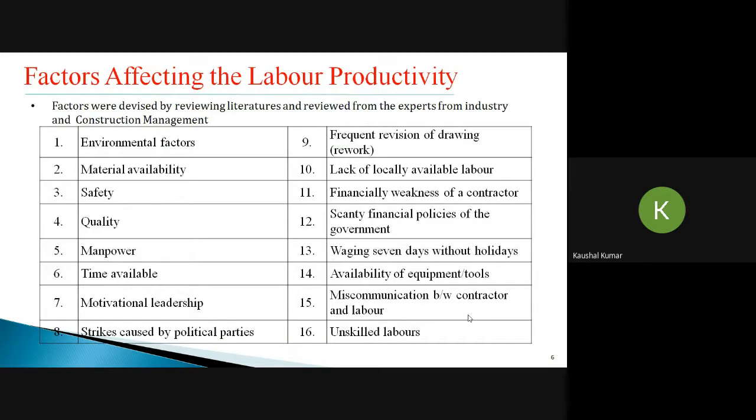So after the site selection, an intensive literature review was done to find the factors that affect labor productivity, and they were reviewed by industry experts and construction management firms, or the team that works in construction management.